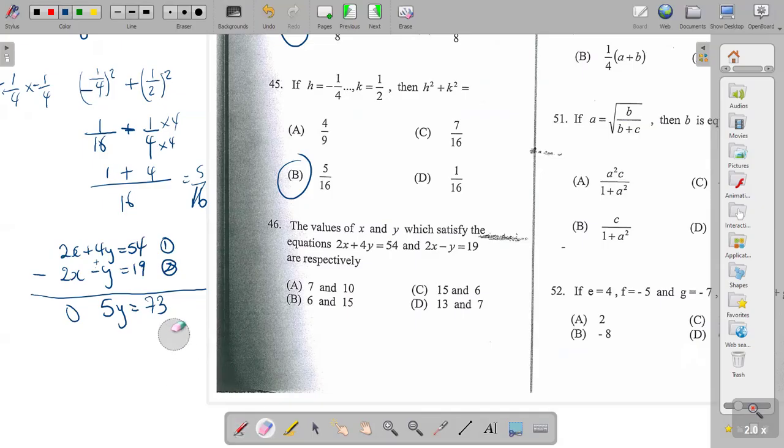Sorry, it's supposed to be minus. I just realized it's not added because it's 54 minus 19. 54 minus 19 is 35. Sorry about that. 35. That looks right.